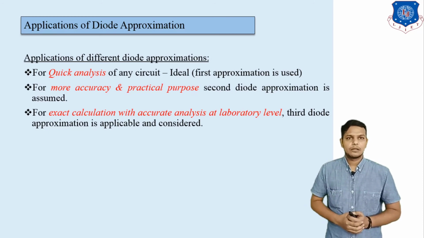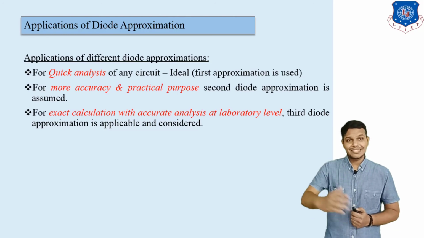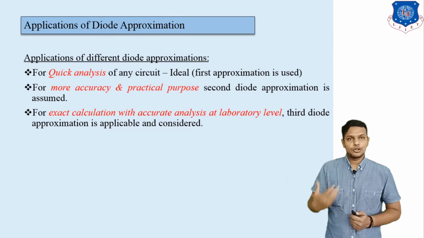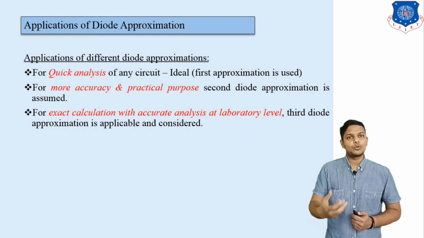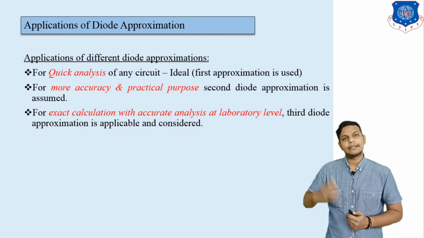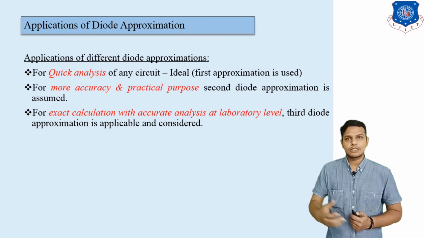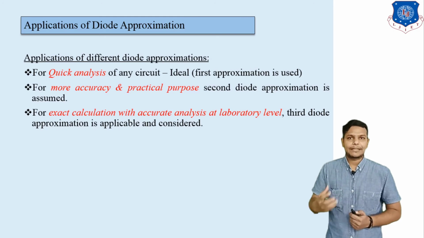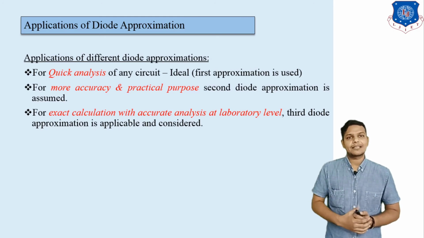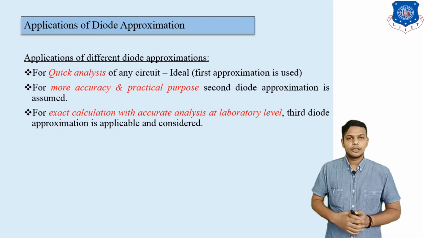So it becomes the ideal diode. You might say, I am 21 completed and 22 is going on. So it is a little bit more information than the first one. So it becomes more accurate and practical. So it is considered as the second diode approximation.